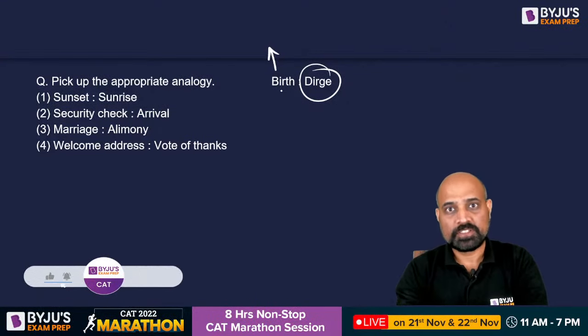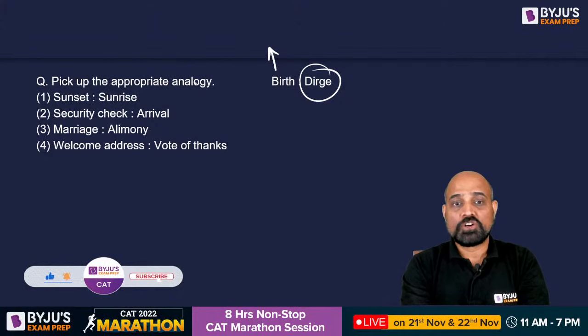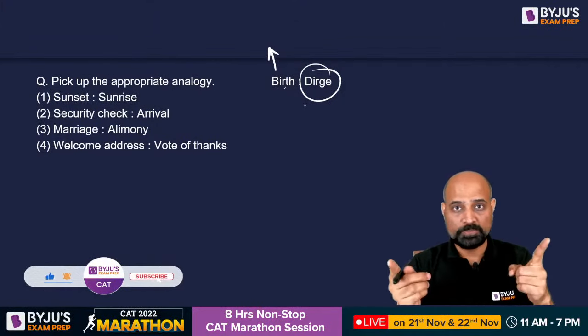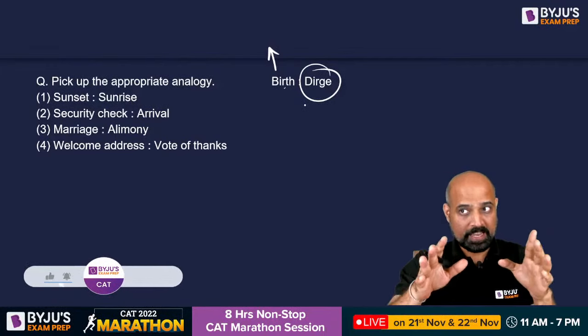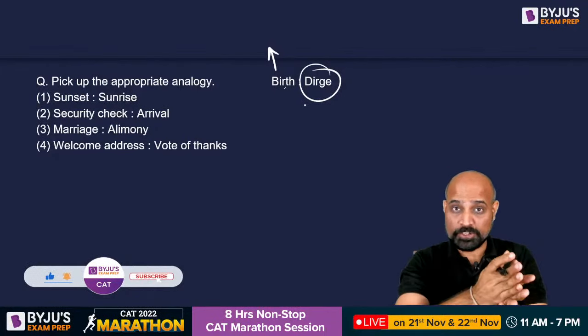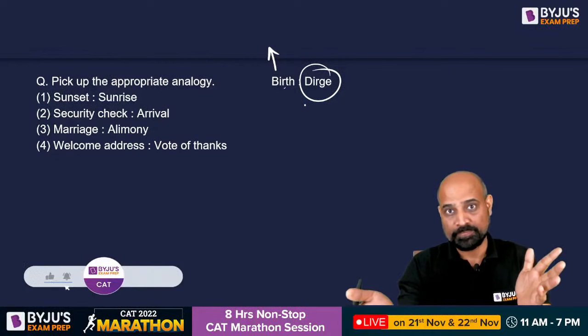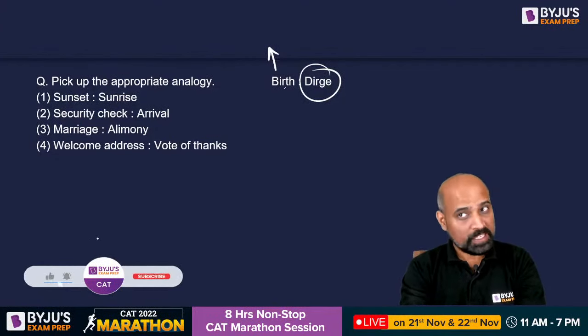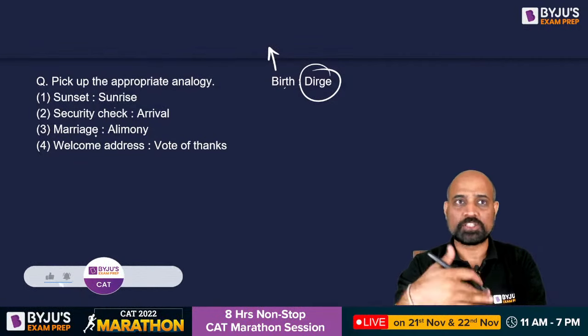That's dirge. Okay, so these are not antonyms, right? These are not opposite words. Dirge is related to the antonym of birth, but that's not the antonym. Dirge is not death. So sunset and sunrise may sound like antonyms, but they are not, and they are both actual things that happen.